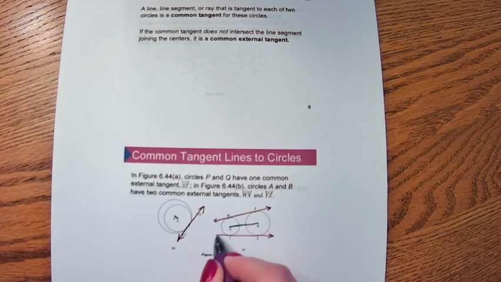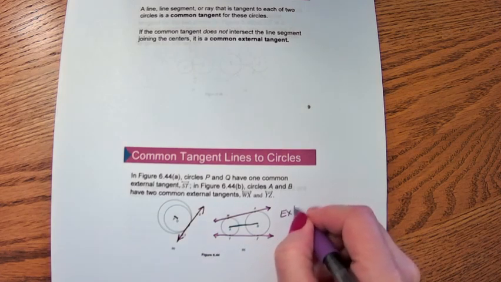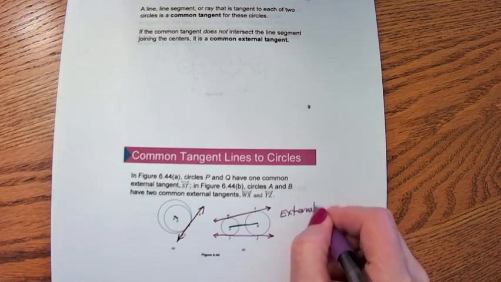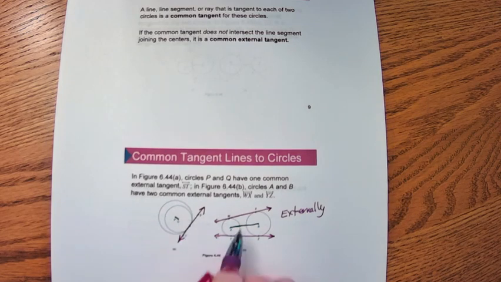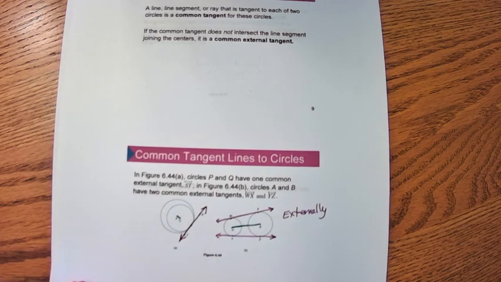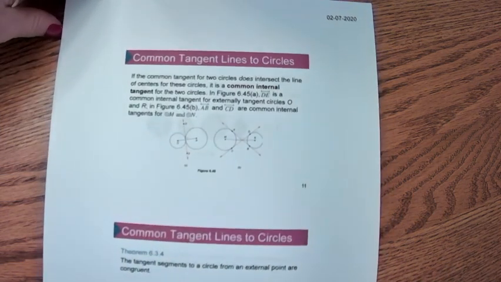Here are 2 different lines that are tangent to both circles. So these 2 circles are said to have 2 external tangents. 1 external tangent, 2 external tangents. And why are they called external? Because the lines do not intersect the line of centers.